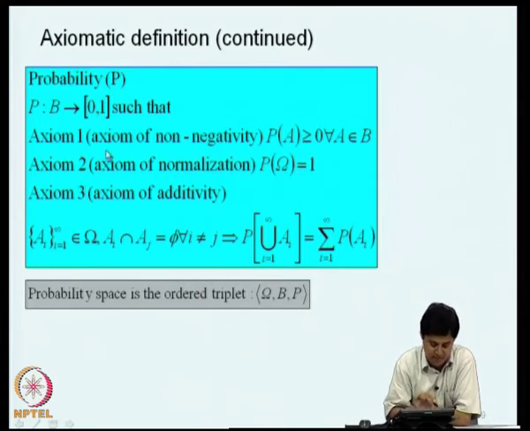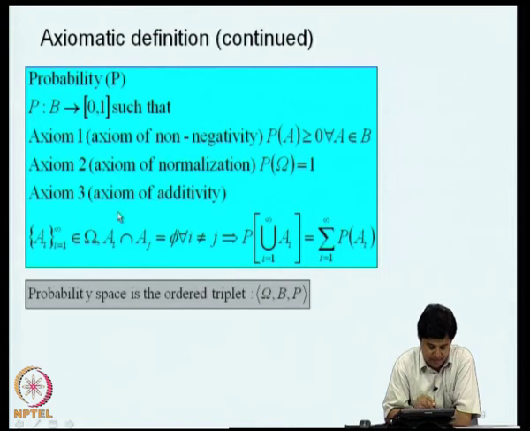The first axiom is known as the axiom of non-negativity, which says that probability of A cannot be negative. For any element in B you can assign a number which has to be greater than or equal to 0. According to the second axiom, the axiom of normalization, probability of the sample space itself should be 1.